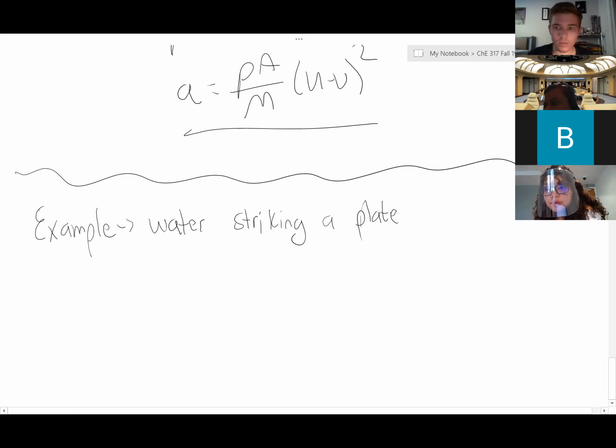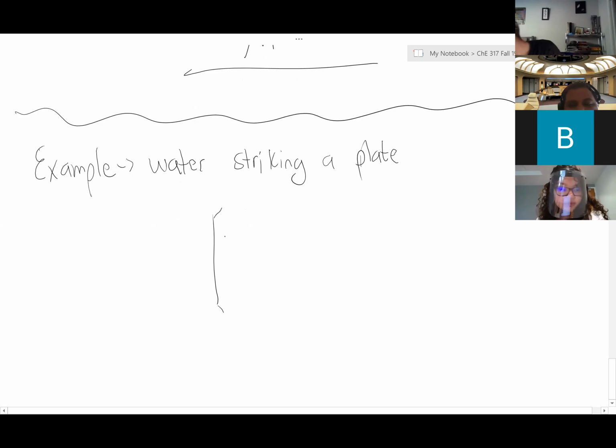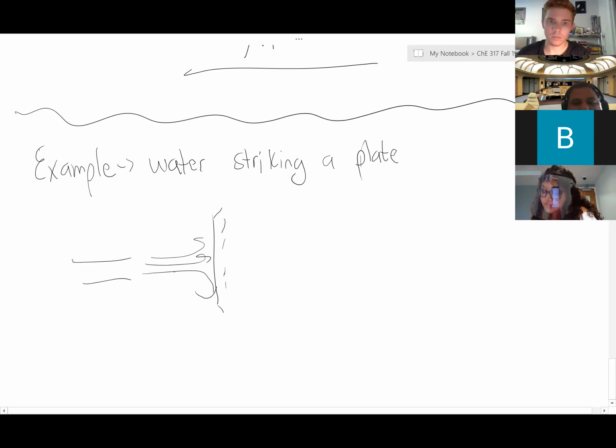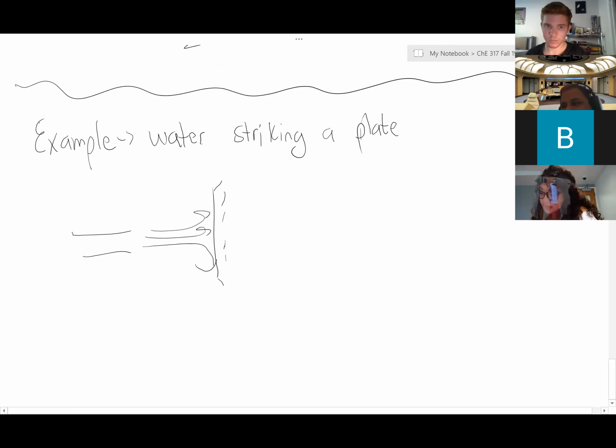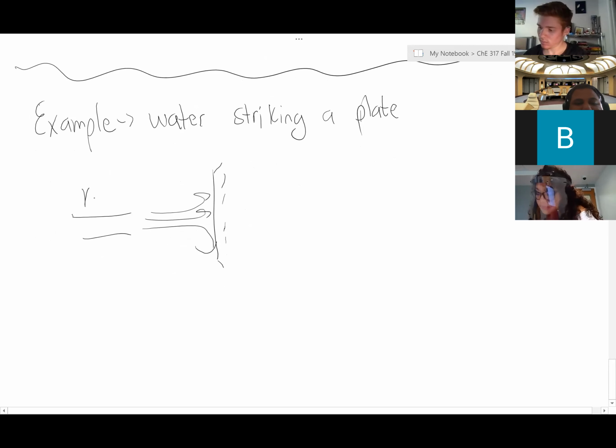That is correct. So in this case, this one's pretty good. These are the types of problems students like to see on quizzes and exams, right? Where we just have a simple mass flow rate and the force.